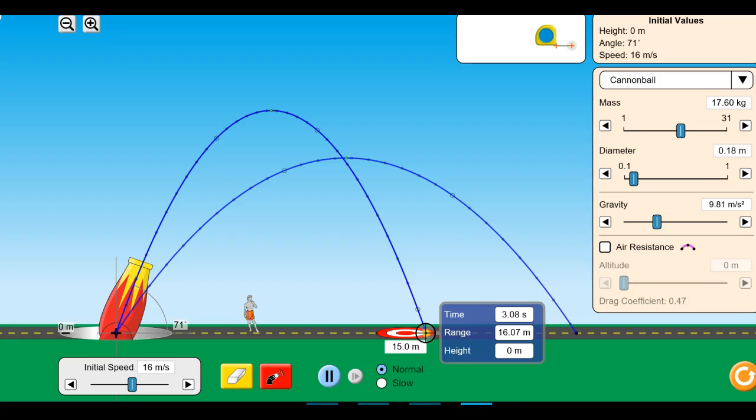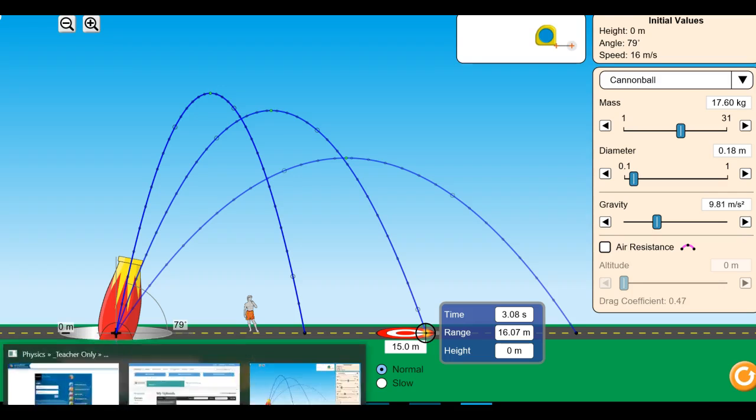When you increase the angle, you will notice that the vertical component keeps increasing. As a result, it's going to travel higher and take a longer time. But since the horizontal component decreases, it's not moving as fast horizontally, so therefore the range decreases.